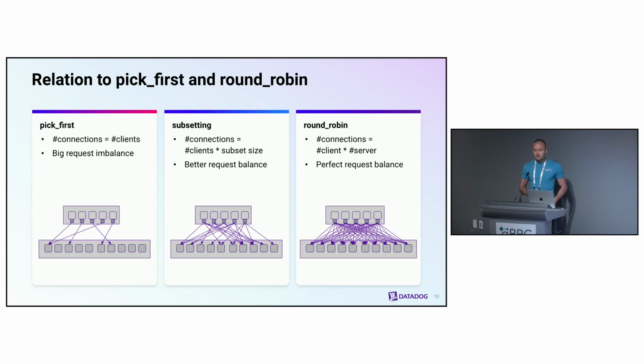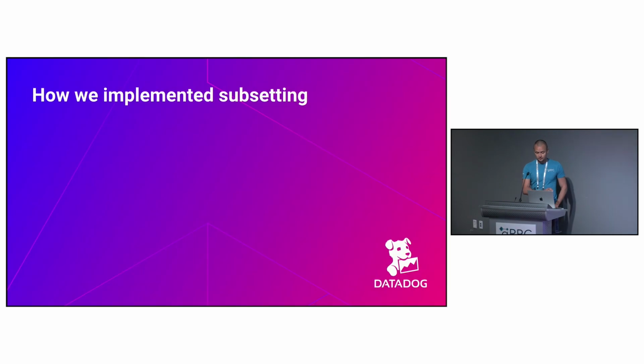With subsetting, the number of connections you manage is way less than with round robin, and you can directly tune this value by setting subset size. But at the same time, you have the flexibility to shift requests between chosen servers in ways to minimize load imbalance across servers. So let's talk about how this can be implemented and what we tried.